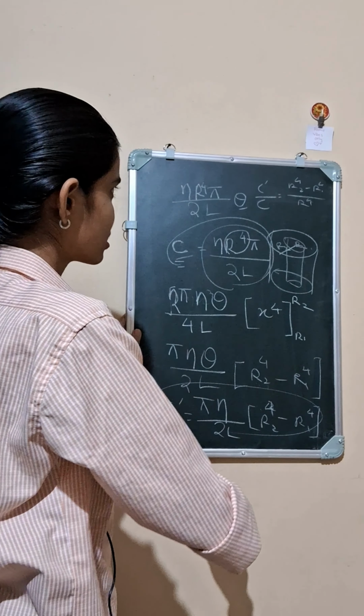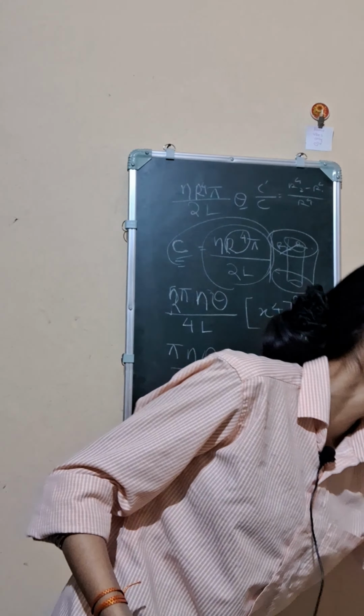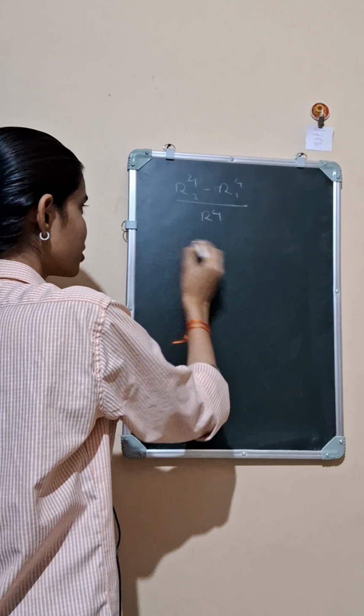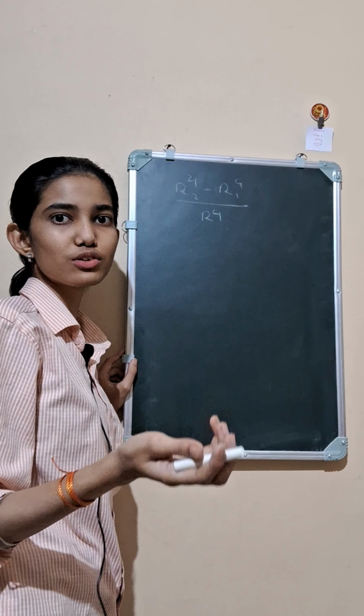Let me first erase this, so that I can calculate the volume. R2 to the power 4 minus R1 to the power 4 by R to the power 4. Here the mass is the same, so density into volume will be the same.